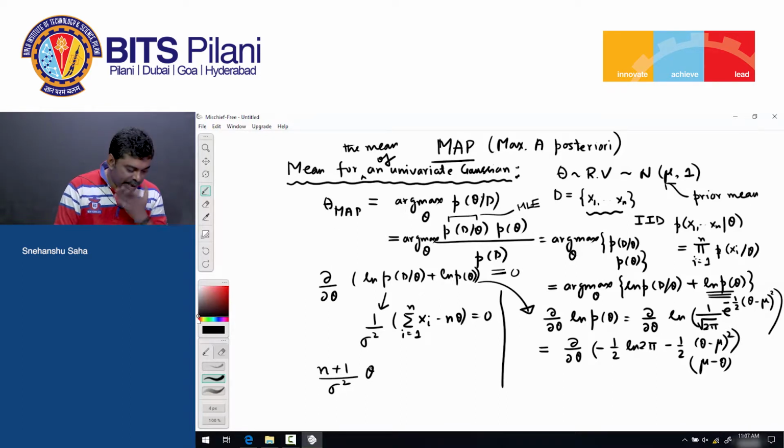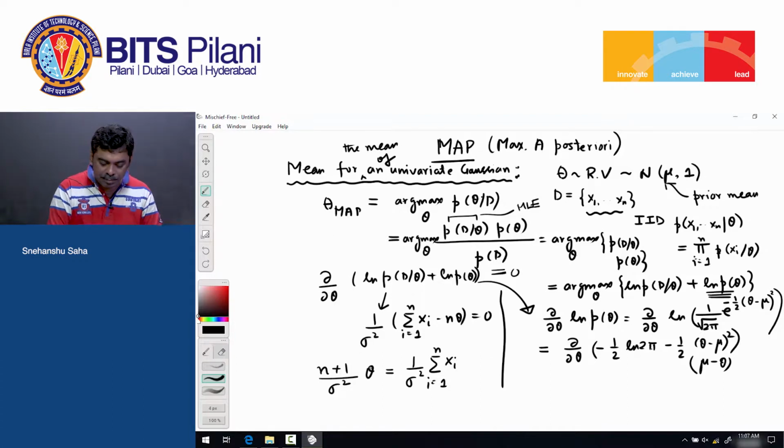And set this equal to 1 over sigma squared times the sum from i equal to 1 to n of x_i, plus the mu that comes from here. As simple as that.